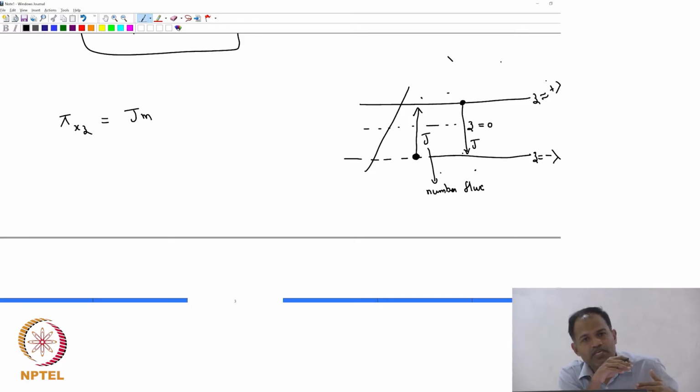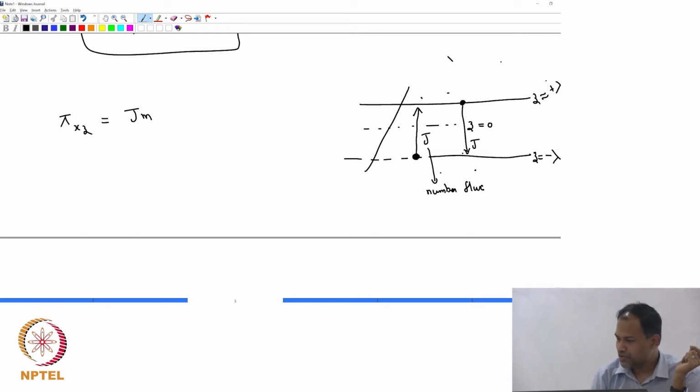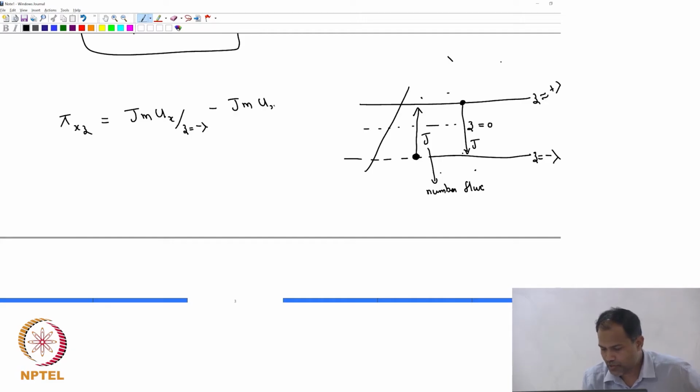So, all the molecules crossing z equal to 0 would have undergone a collision at some distance close to lambda before crossing it, and likewise the other way. So, one could write the momentum flux as J times m times Ux at z equal to minus lambda, minus J times m times Ux at z equal to plus lambda. It is really this difference that is going to be the momentum flux, correct.